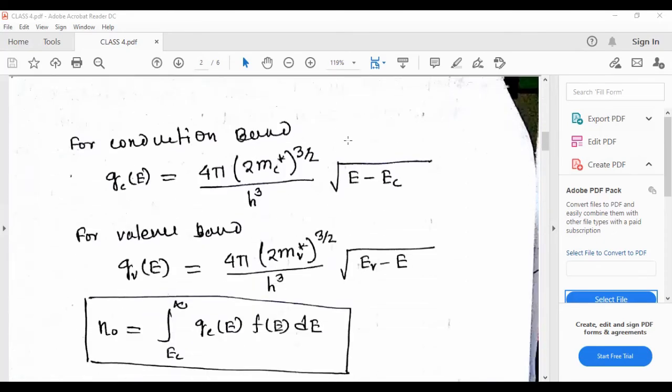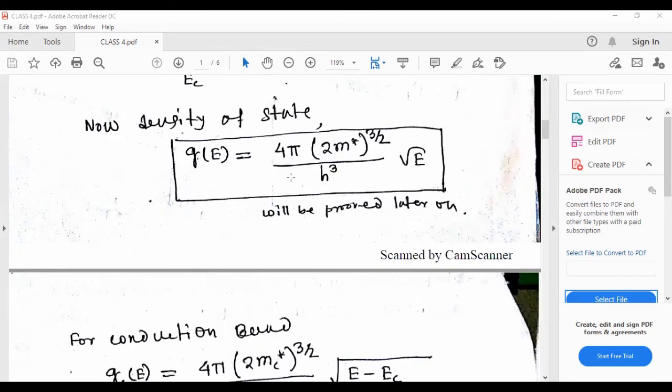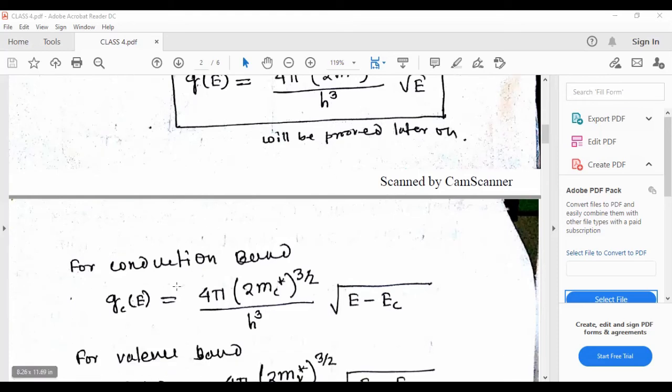For the conduction band, I'm rewriting this formula. Gc of E, the density of state for the conduction band, is 4 pi times 2 mc star, where mc star is the effective mass of an electron in the conduction band, to the power 3 by 2, upon h cubed, times the square root of E minus Ec.